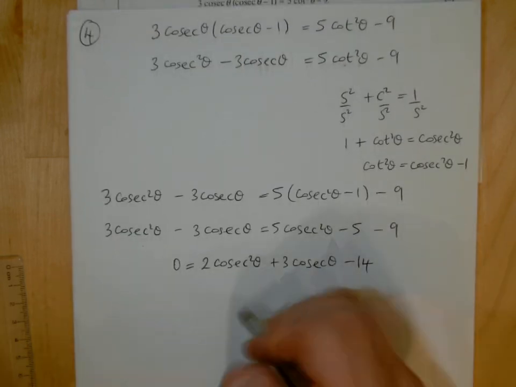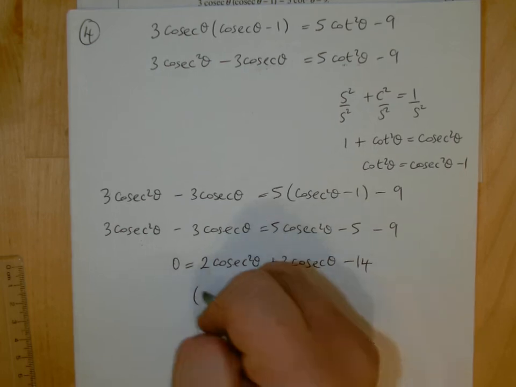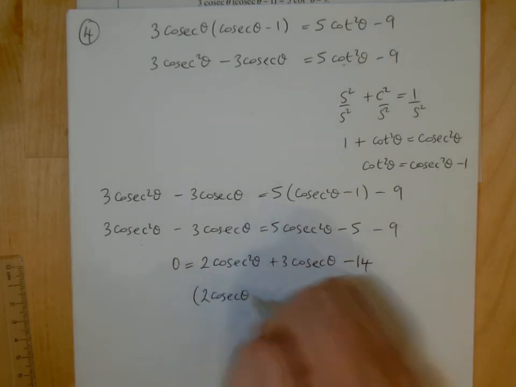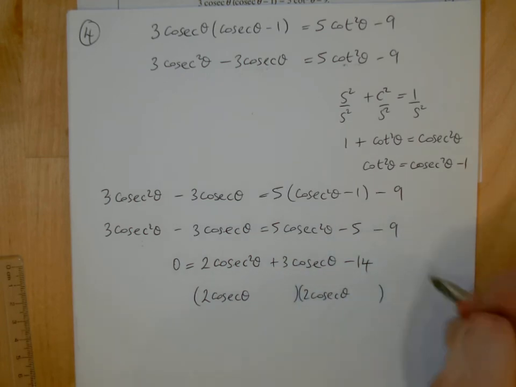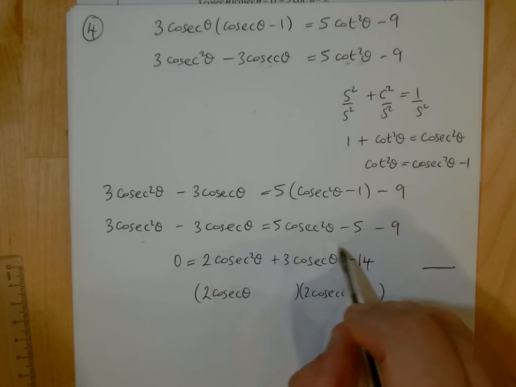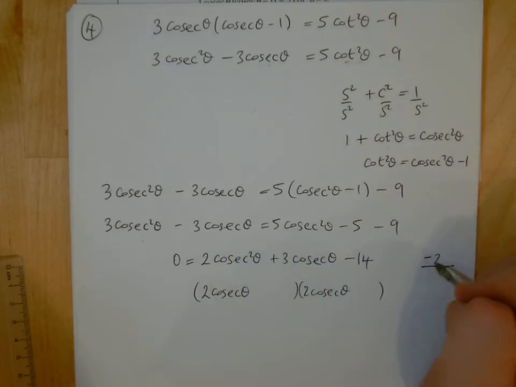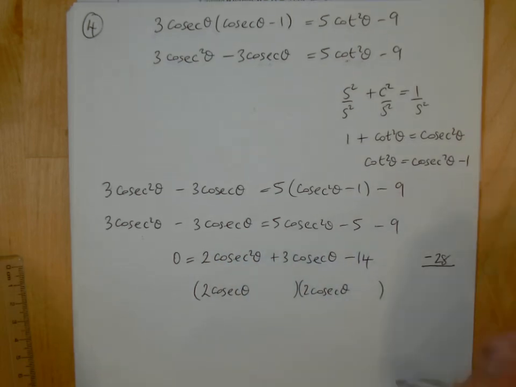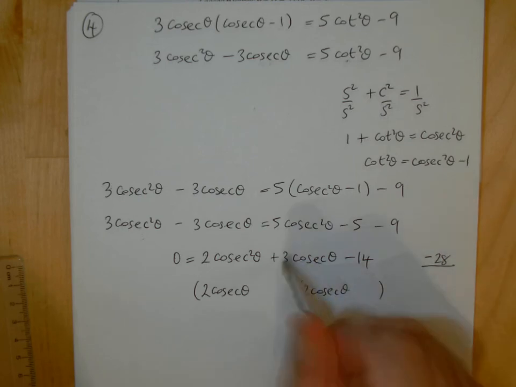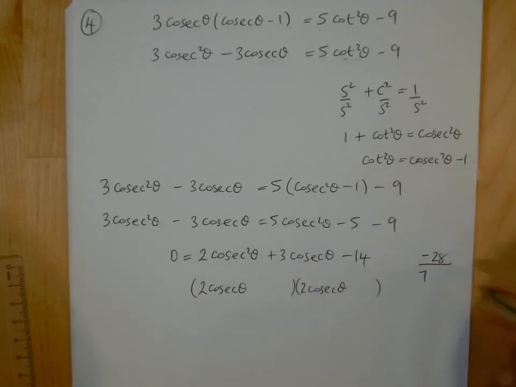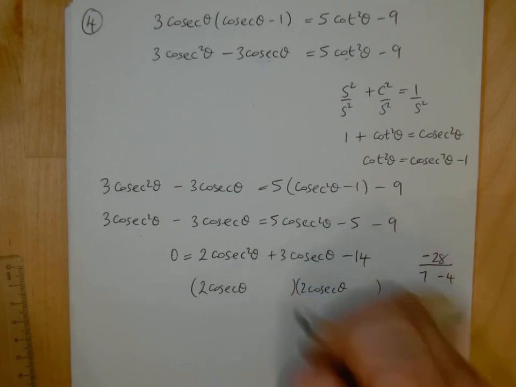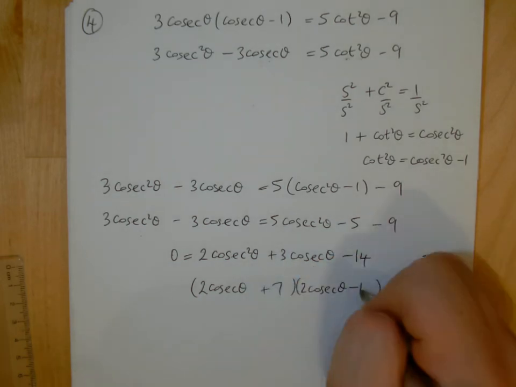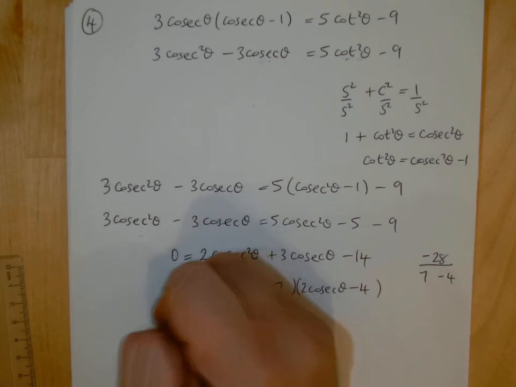So now we can factorize this then, using 2 brackets. Using our method for factorizing, we can put 2 cosec theta in both brackets. Over here, we've got to do 2 times minus 14, so that's minus 28. We need to think of 2 numbers that multiply to give minus 28 but add up to give 3. So this will be positive 7, negative 4, because those 2 will times to give minus 28 and add up to give positive 3. Remember it's equal to 0.